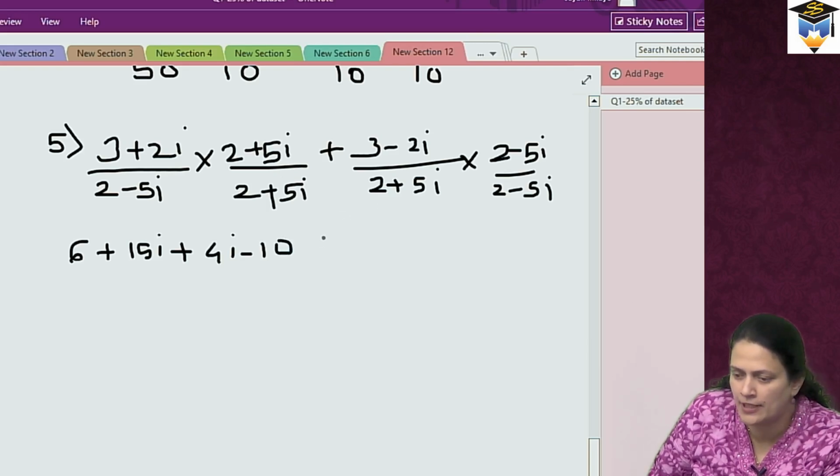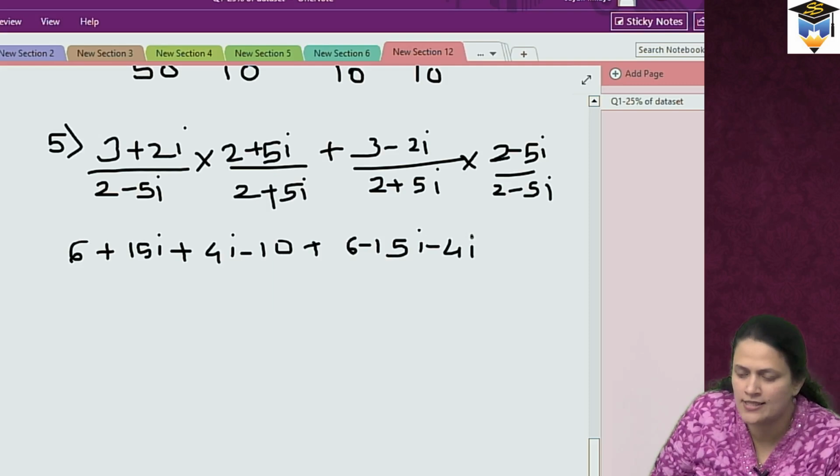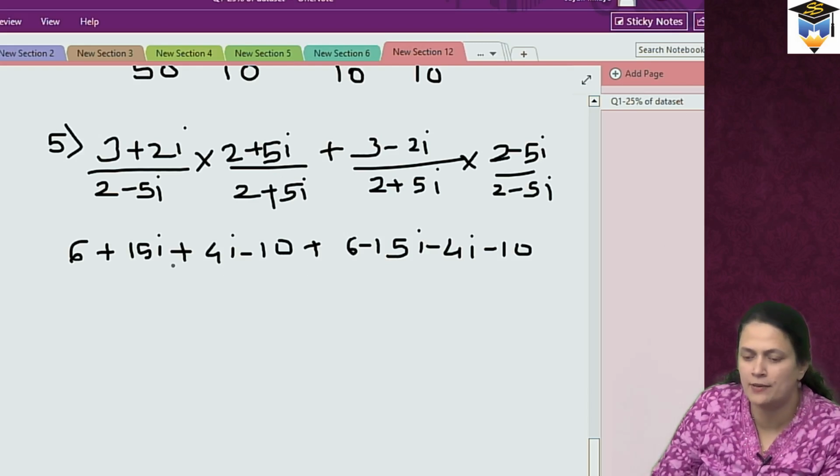And this multiplication I am going to do as 6 minus 15i minus 4i minus 10, because 10i square is nothing but minus 10.